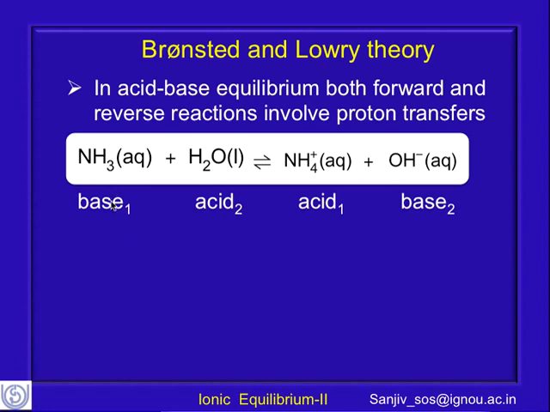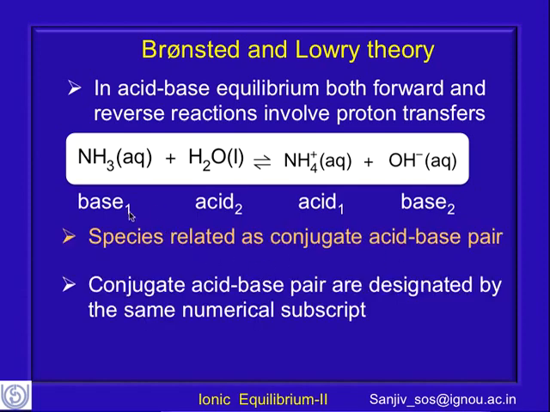That is, this is a base here. We know that ammonia is a base. And since water is donating a proton, it's acting as an acid there. Ammonium ions, we just mentioned, is an acid because it's giving a proton to OH minus. This happens to be a base there. Fine. What you see is that in this case, there are species which are interrelated. You see that this is a base.